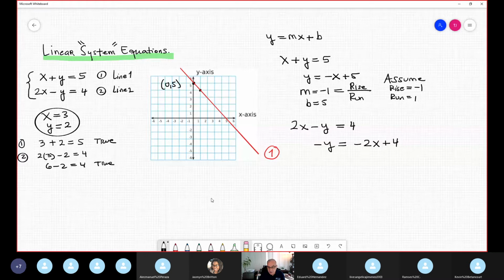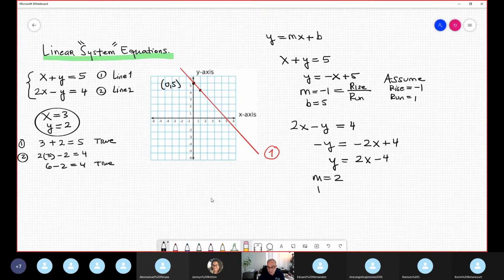I multiply the entire equation by -1, or divide by -1, it's the same, because I want positive y, not negative y. So I change the sign of everything, and then it's y equal 2x minus 4. I determine again that the slope is positive 2 and b is -4.